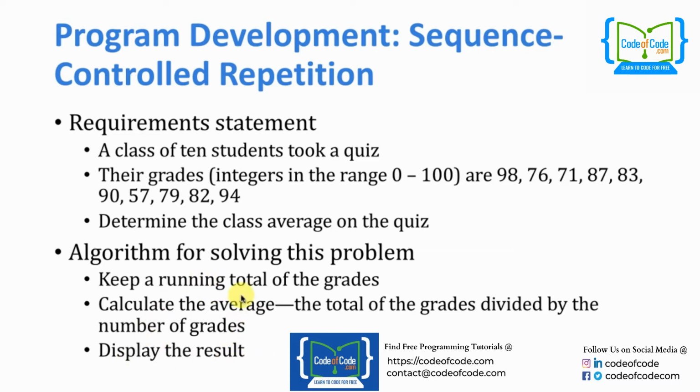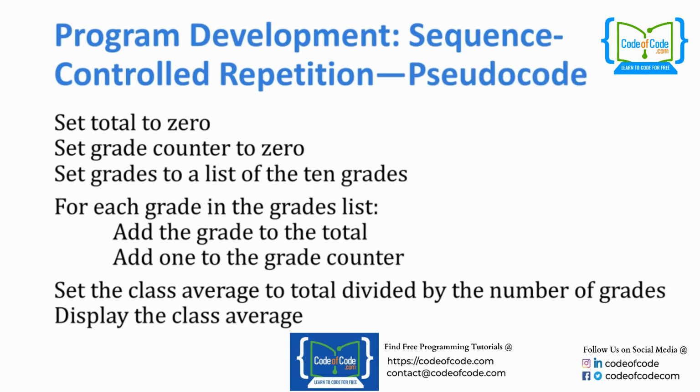Now, this is kind of a high-level overview of what we feel we need to do to solve this problem. Let's take a look at some pseudocode that describes this in a more step-by-step approach. Now, if I have a bunch of grades, one of the things that I can do is stick those into a list and then walk through that list one at a time and calculate the sum of all the grades so far, or the total of all the grades so far.